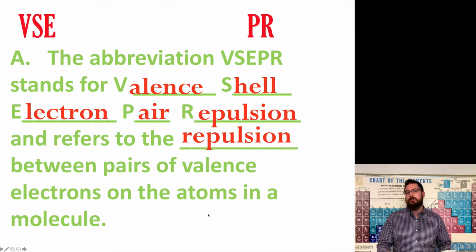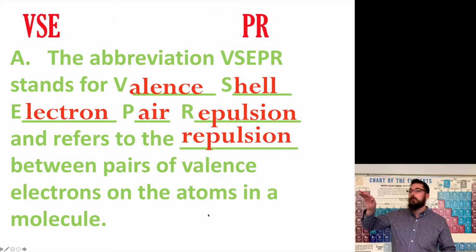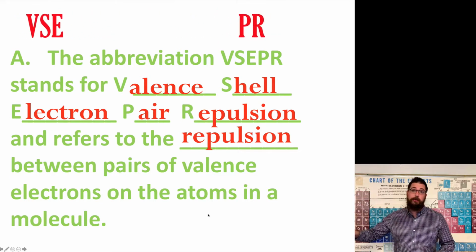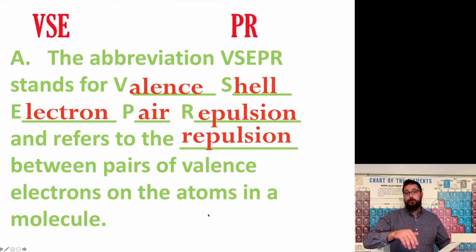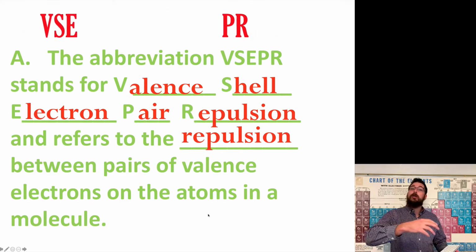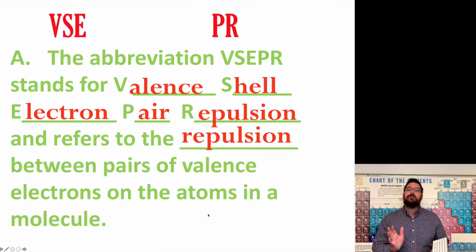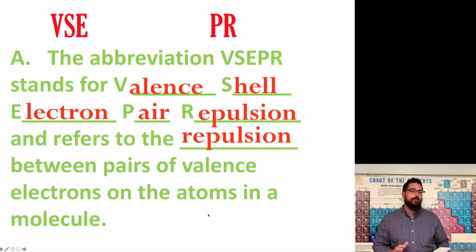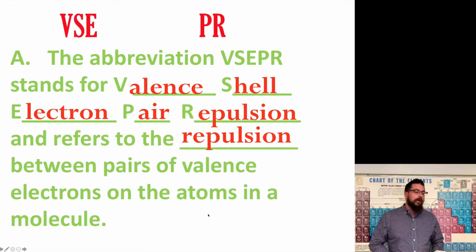That's really what it comes down to: the electrons within bonds will repel the electrons that are in other bonds. The electrons that are in bonds will also repel lone pairs, so lone pairs repel bonds, and bonds repel other bonds. They'll orient themselves in such a way where all of the electrons are as far apart as possible.